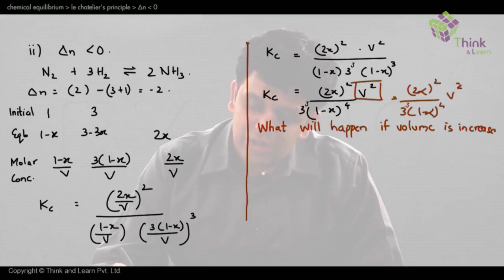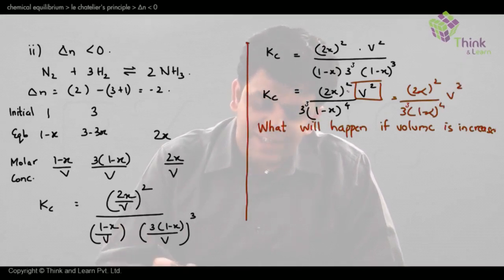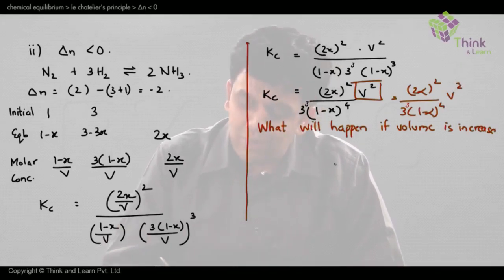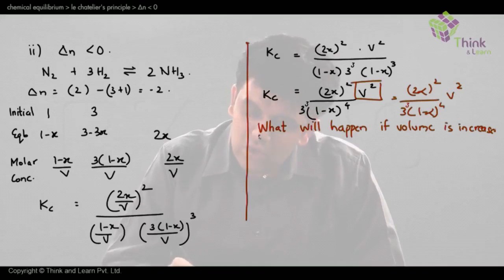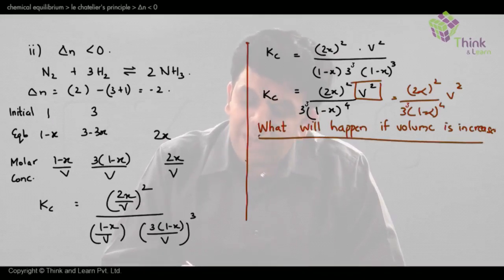Why? Because degree of dissociation is equal to alpha, x, when we have taken 1 mole and 3 moles. Great. So now if volume is increased, what will happen? If volume is increased, Kc will remain constant because it is constant temperature.